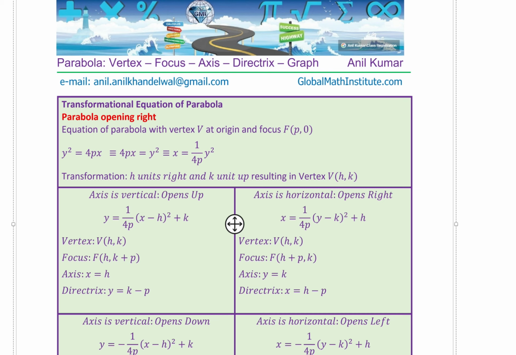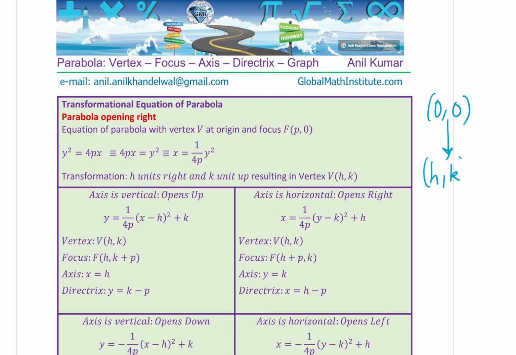As you know about translations, if the vertex changes from 0, 0 to (h, k), it really means that along the horizontal it has moved h units, and along the vertical k units. That means h right and k up. That is the kind of transformation of the vertex which has taken place. Now this will transform the equation also.